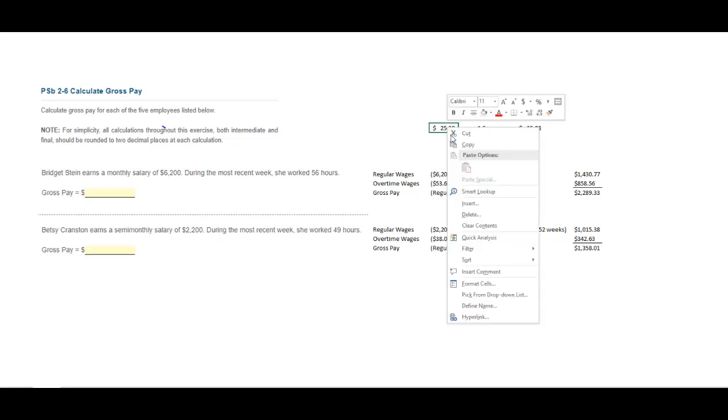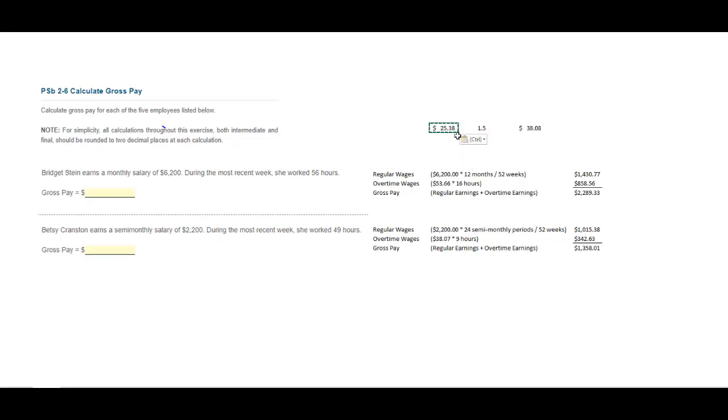$38.07. We need to round it correctly to 2 decimal places. So here I need to get rid of this 45 in the decimal here. That way I have the correct rounding as per instruction, because the instruction says it should be rounded to 2 decimal places at each calculation.